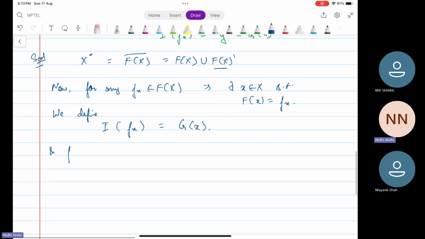And for f belonging to f(X) prime, or in fact, f(X) bar minus f(X).